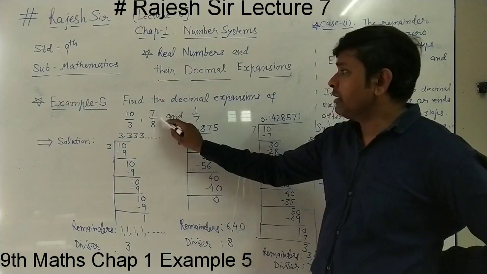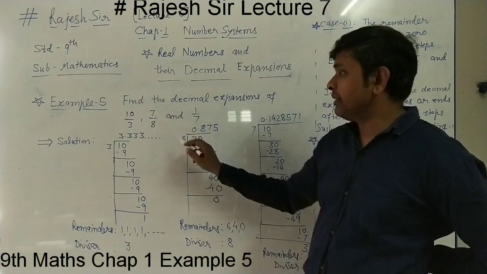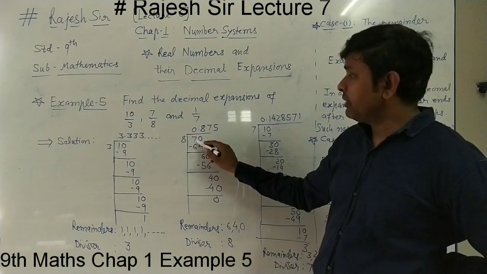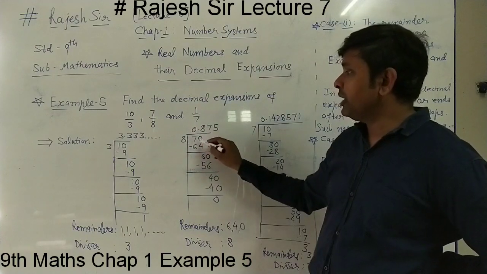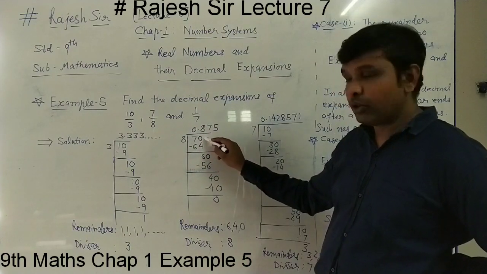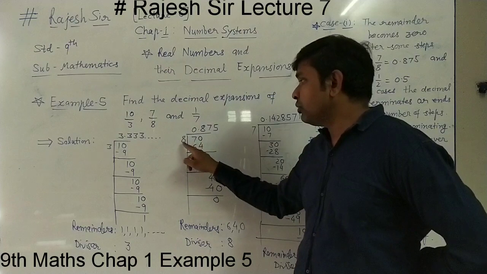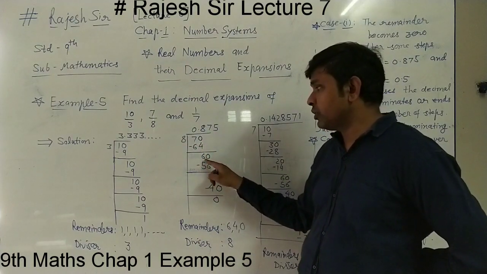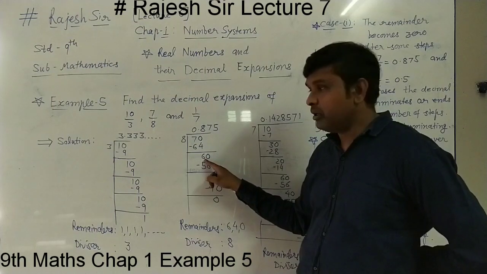In the second division, 7 upon 8, that means 8 will divide 7. It will not be divided because 7 is less than 8, so with 0 point we will make it 70. Then simple division: 8 8s are 64, 70 minus 64 is 6, the remainder.